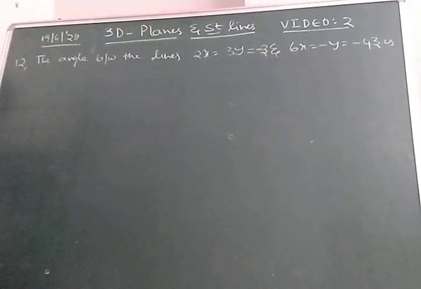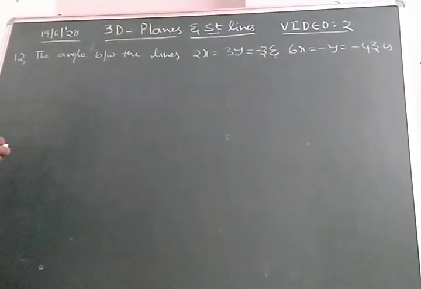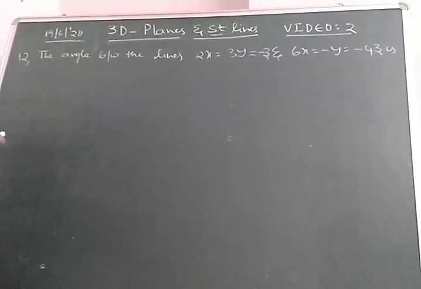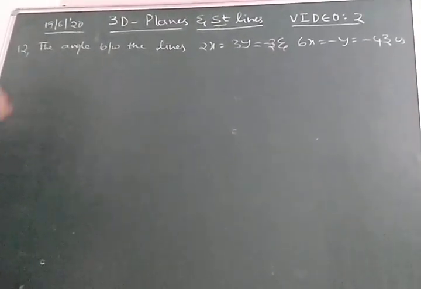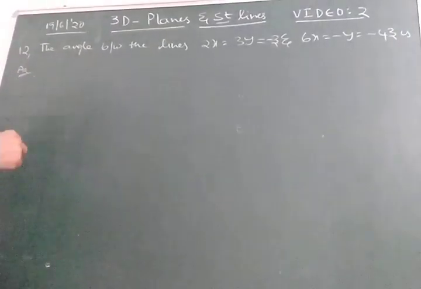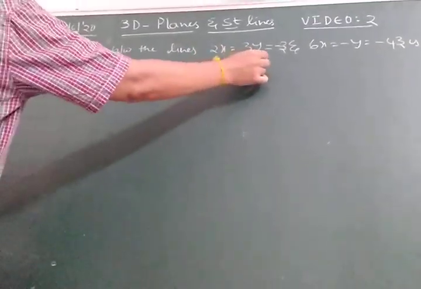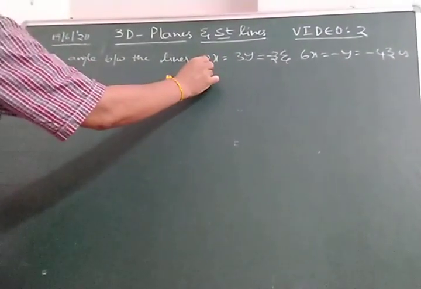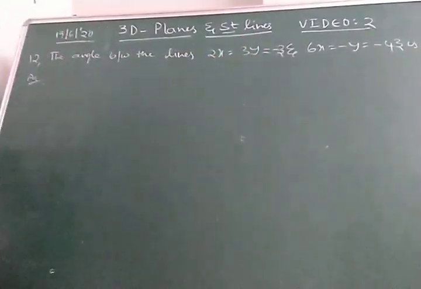Find the angle between the lines 2x is equal to 3y is equal to minus z, and 6x is equal to minus y is equal to minus 4z. First of all, the given equations can be written in the standard form. The first equation is divided by 6, since the LCM of 2, 3 and 1 is 6.